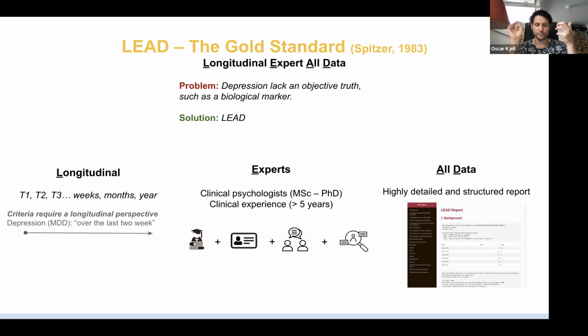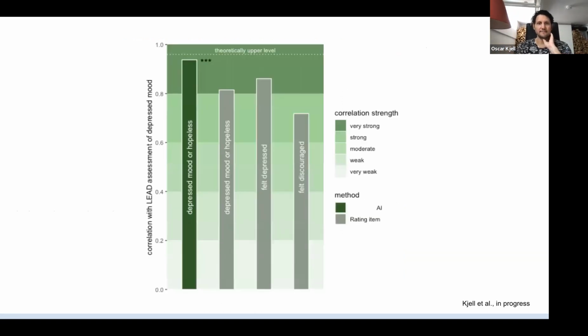Now we rather want to predict this lead assessment, and then we can compare that with rating scales. Very early results tend to show that we can actually produce a model that correlates better with a lead assessment as compared to just rating scales. So that's another example of how we try to avoid just predicting rating scales, but instead compare our method with rating scales.